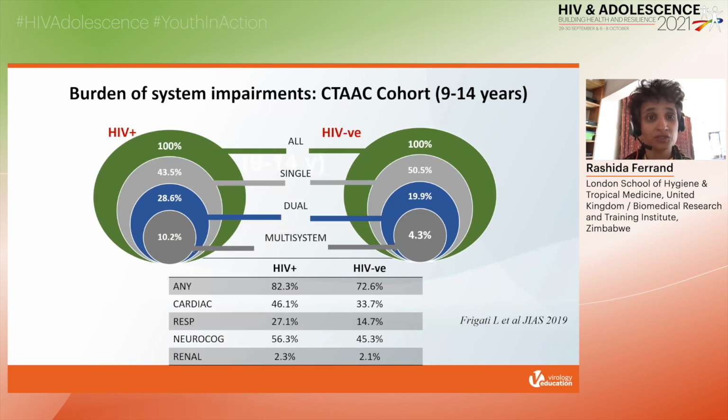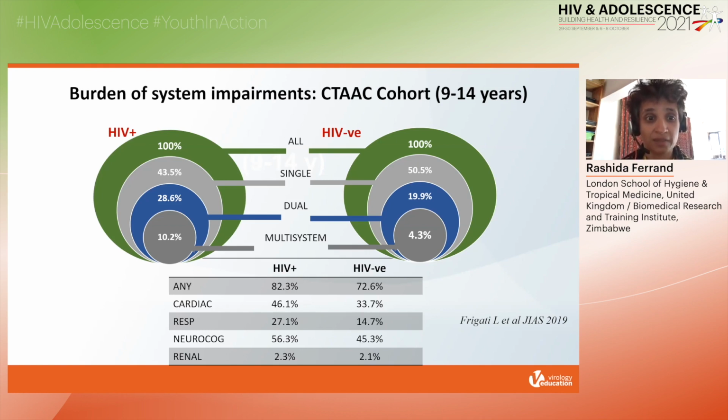This is just an example of one study that has looked at multi-system impairments in children growing up with antiretroviral therapy. So this was the CTAC cohort from Cape Town. What they did was they looked at HIV positive adolescents and those who were uninfected. And what you can see is that the risk of dual and multi-system morbidities is much higher in adolescents growing up with HIV compared to those who are uninfected.